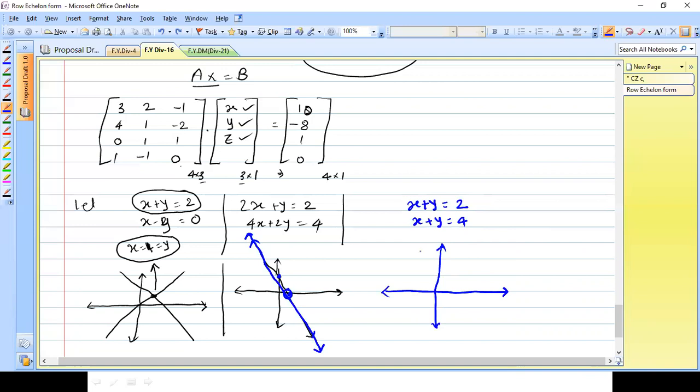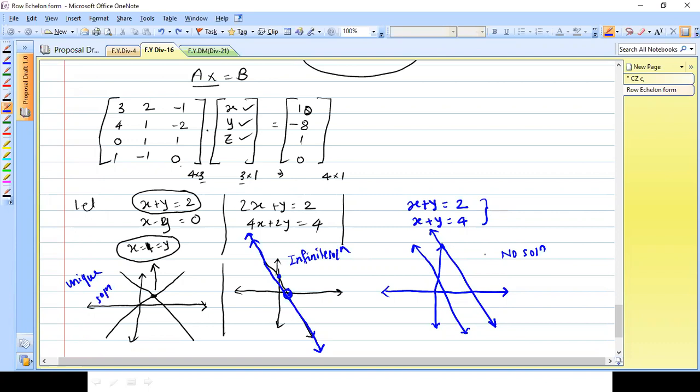So x plus y is equal to 2, I am getting this line passing through the points 2 and 4. So these are the parallel lines. So here, no solution. For this case we have infinite solutions, and for this case we have a unique solution.